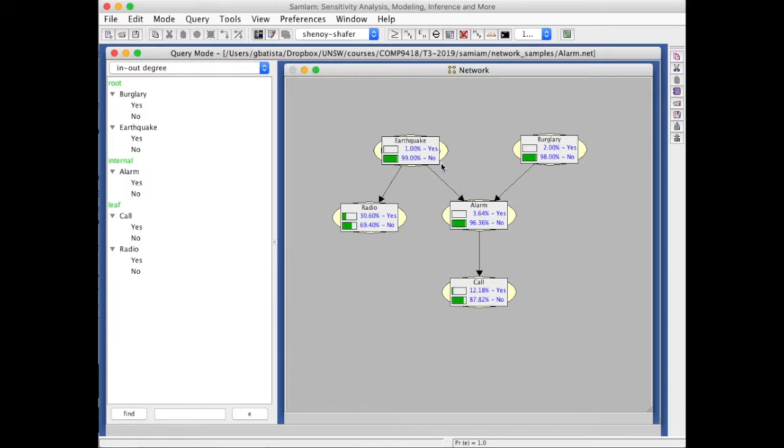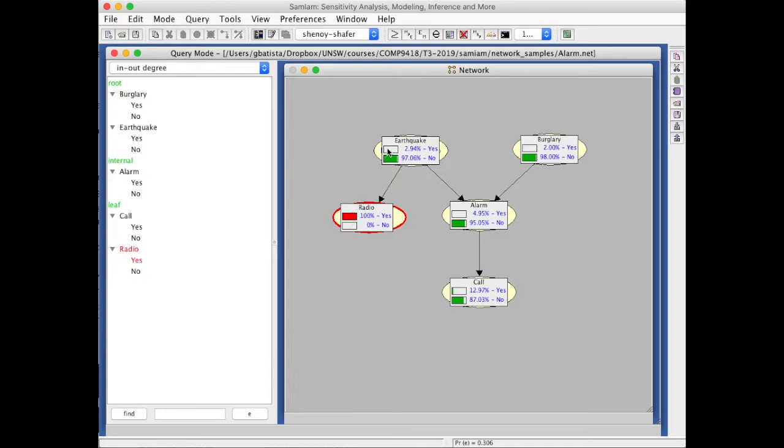And another thing that we can do is look for independencies, right? So we learned about the D-separation algorithm. So we know that, for instance, if we change radio, we expect it to change earthquake, change alarm, and change call, but not change burglary. So that's exactly what happens if we click here.